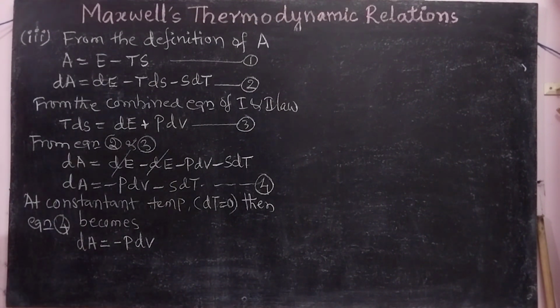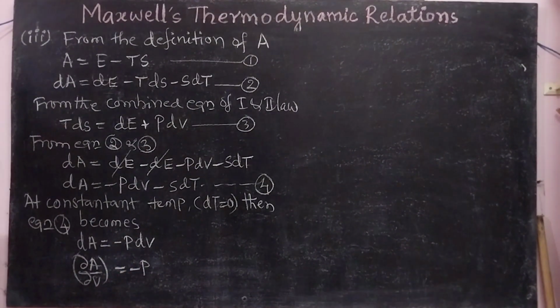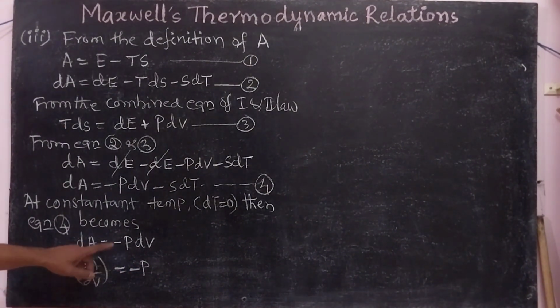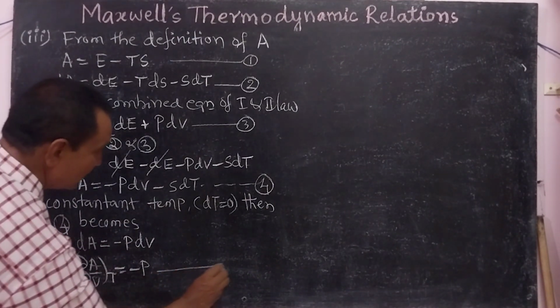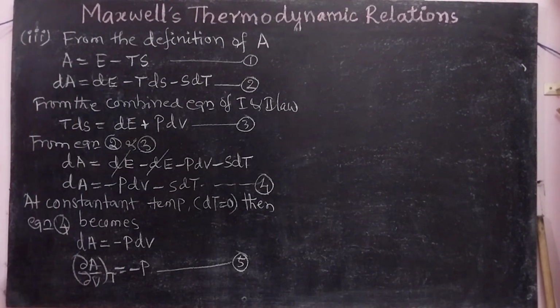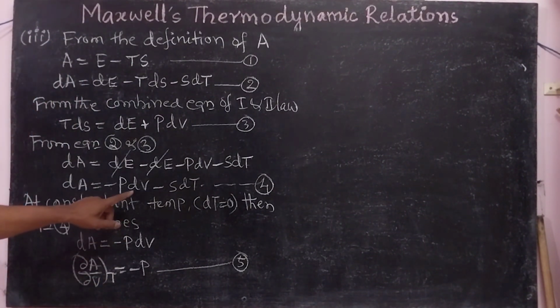On rearranging this, we get dou A divided by dou V at constant temperature equal to minus P. That is equation 5.